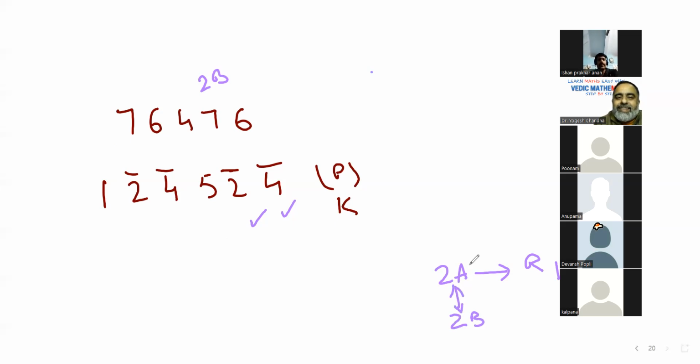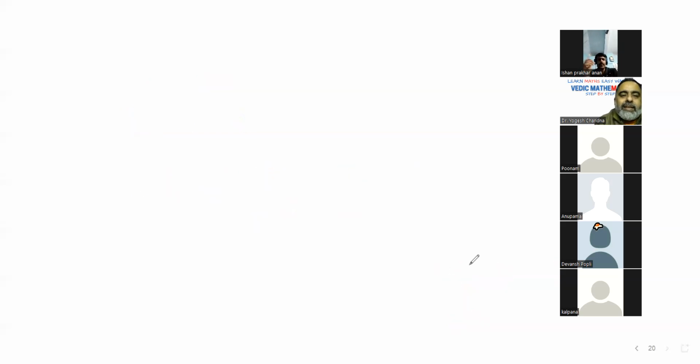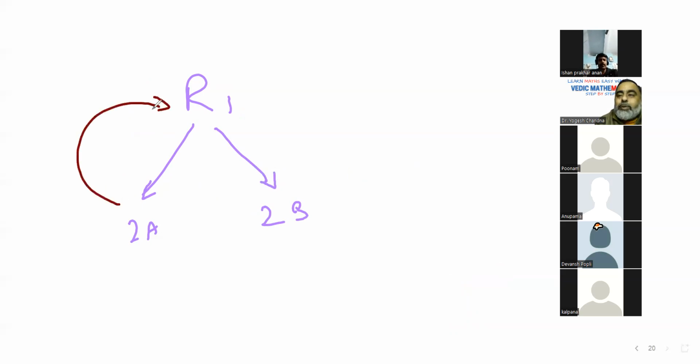Got the point clear? Yes, sir. Okay. See, you have to remember this. R1, then either 2A or 2B. Correct? This is the first thing. Now after 2A, you have to go back to rule number 1.